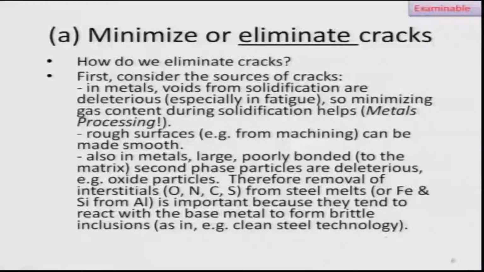So, therefore, removal of these interstitials, which is very common in steels. Those who work on the steel, we know that steel making is an oxidation process. You are burning a carbon rich, phosphorus, sulfur rich material using oxygen, and the control of oxygen plays the important role, but in actual sense it is not possible to control the oxygen concentrations which you are putting inside a converter during steel making process perfectly.